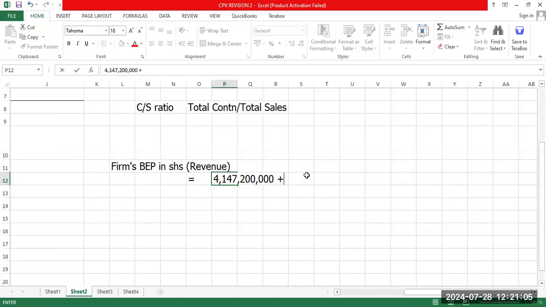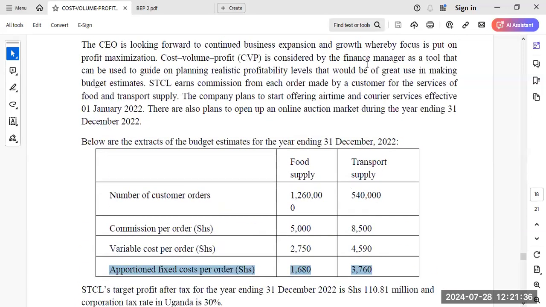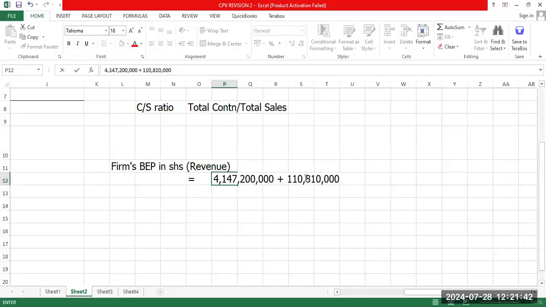Then we add our profit after tax in the question, 110,810,000. Let me confirm whether it is the right figure. In the question, they told us that the profit after tax is 110.81 million. Okay, and we are not keeping zeros. You see all our workings, we are not keeping zeros, so I write the figure the way it is.